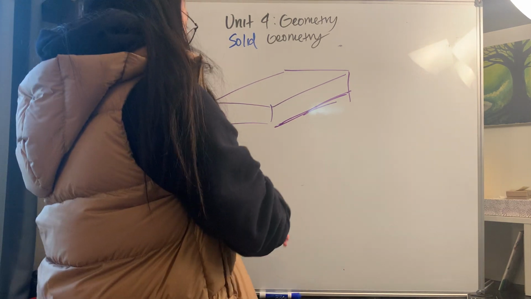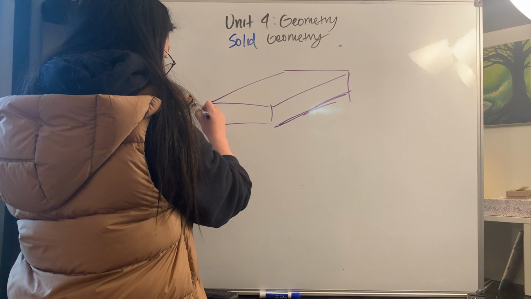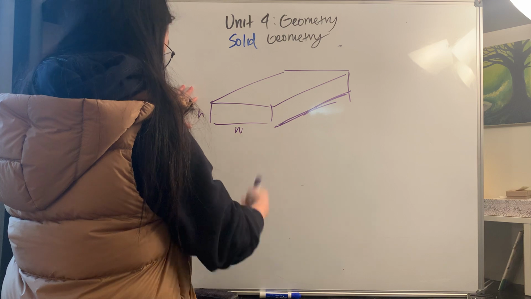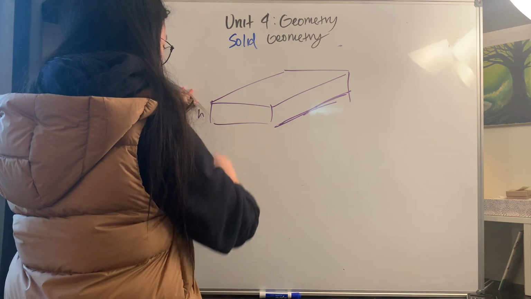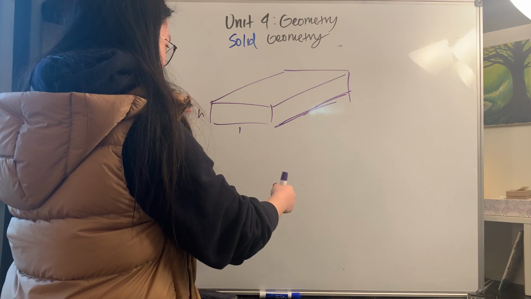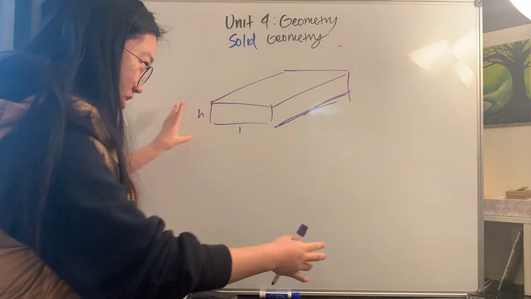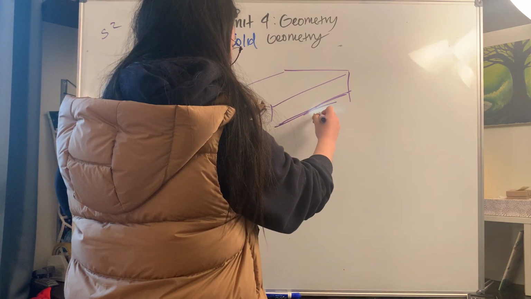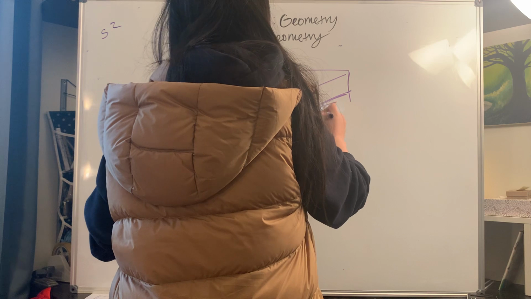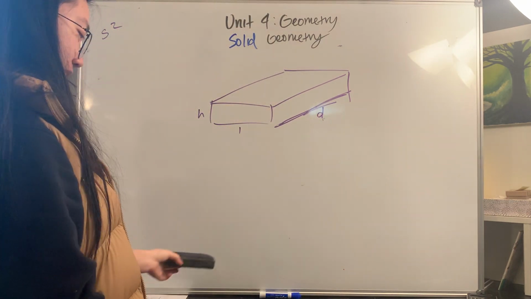Let's say that it has a height of something and a length of something, and I'm not quite sure what kind of variables they use for this. Now I call this depth, so I'll still use D for depth, but I think there's another word for it. Like, perhaps this is width. Anyways, it doesn't really matter what kind of variables we use.